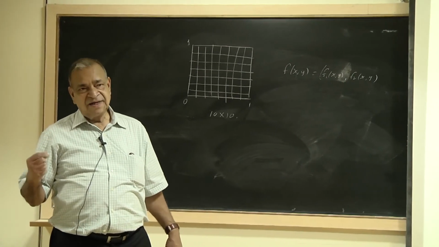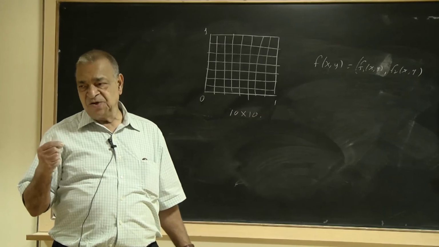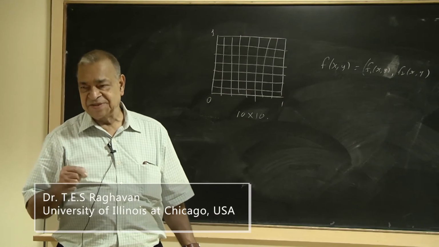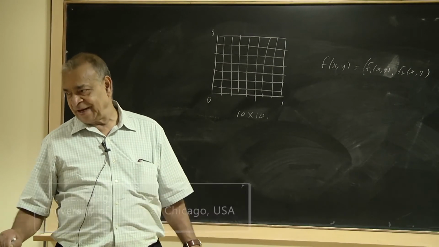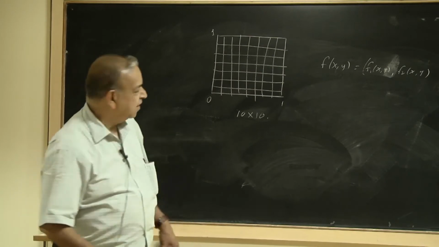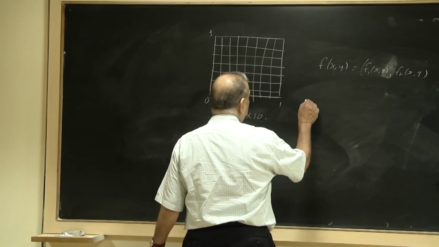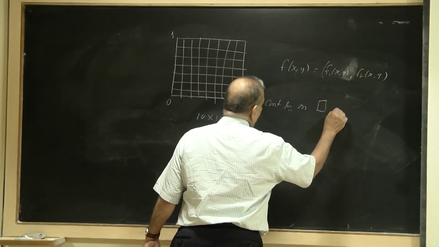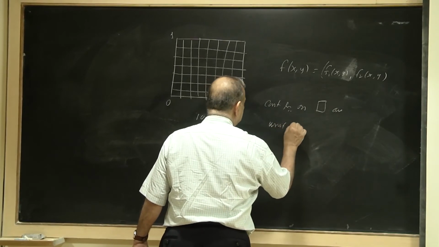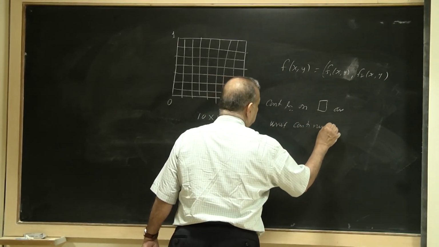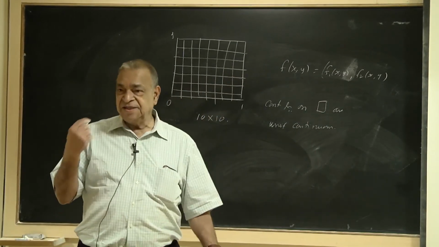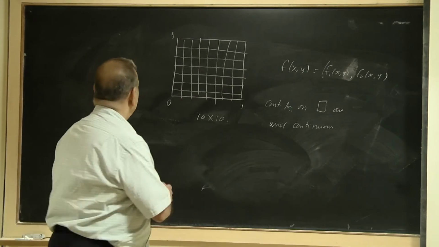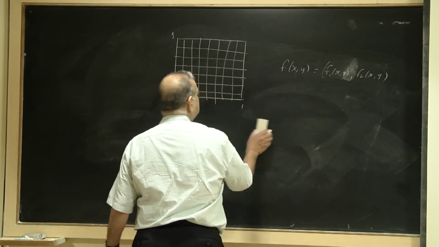The idea is tied to the fact that a continuous function on the square is uniformly continuous. I don't want to get into that, you can read it in your calculus. I am relying on the property that continuous functions on the square are uniformly continuous, so that I can make a grid sufficiently thin.